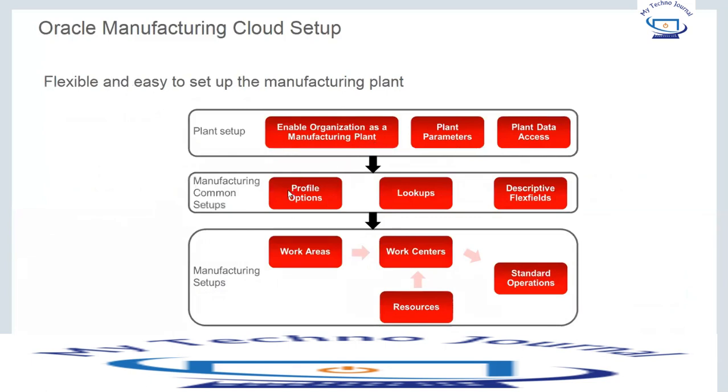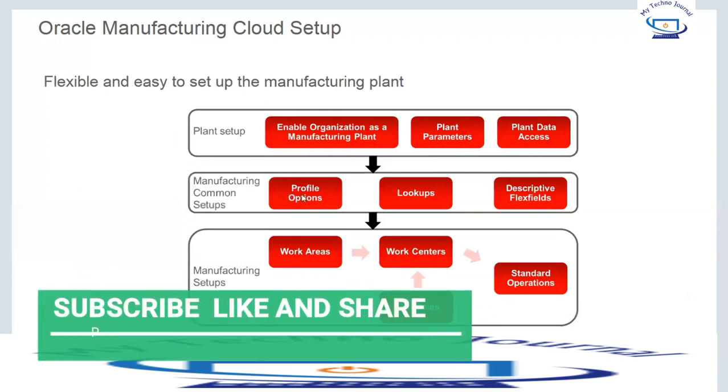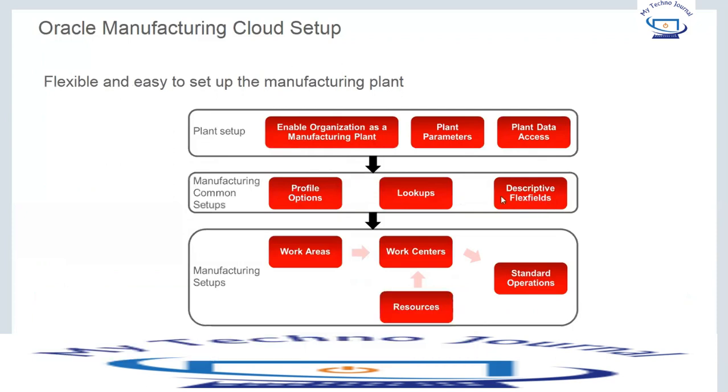From the common setup perspective, from the manufacturing perspective, you can define the profile options, lookups, and descriptive flexfields which are there, which you can enable and use. And coming to the core of manufacturing, if the organization is enabled for manufacturing, and we have set the plant parameters, now within that particular plant, what are the basic setups you have to do?